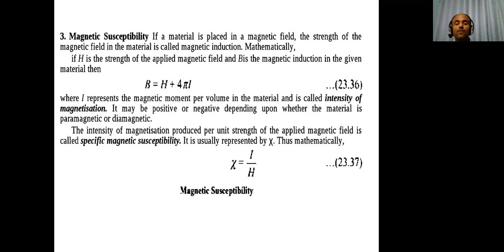So it may be positive or negative depending upon whether the material is paramagnetic or diamagnetic. And the intensity of magnetization produced per unit strength of applied magnetic field is called as specific magnetic susceptibility. And it is usually represented by psi, and mathematically it is equal to I upon H.